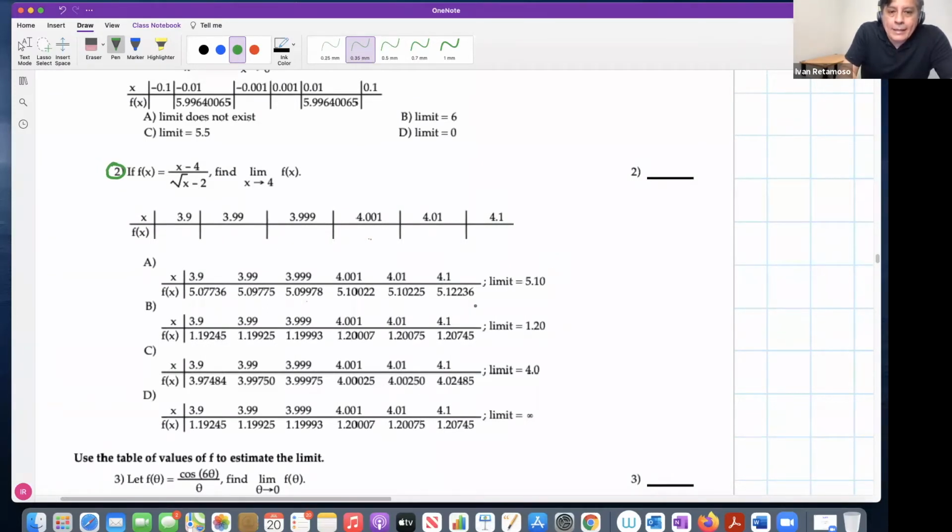The tables are pre-constructed here, so I would advise you, since we are going to 4, to evaluate the closest values, this and this. Do the evaluation here, do the evaluation here, and see where they are going. If there is convergence, then you got the limit. So do that. Evaluate there.